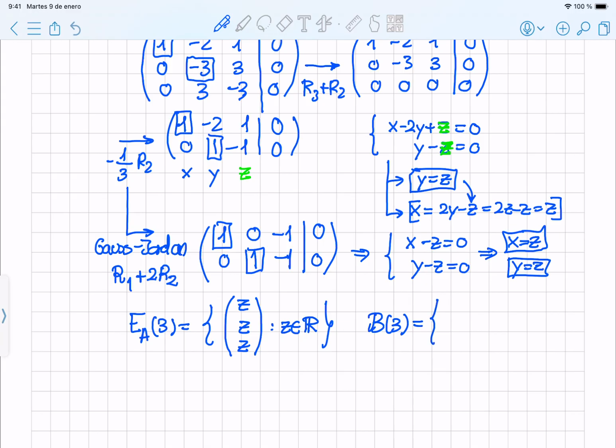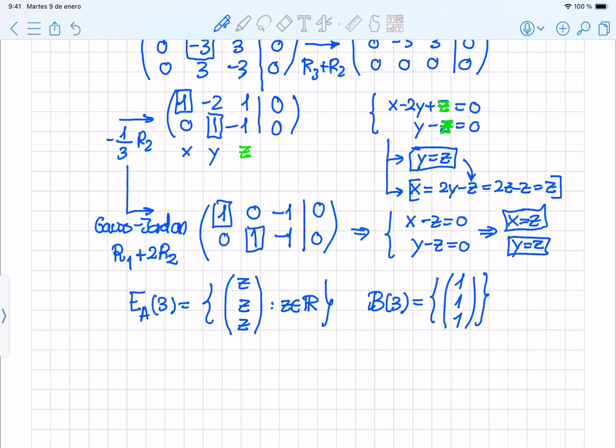So we only have one vector because we only have one free variable, and this vector is 1, 1, 1. And that's it. So I have computed the eigenvalues of a matrix, which were 0 and 3. And then from each eigenvalue, I computed the eigenvectors. And we hope to find as many eigenvectors as the multiplicity of the eigenvalue.